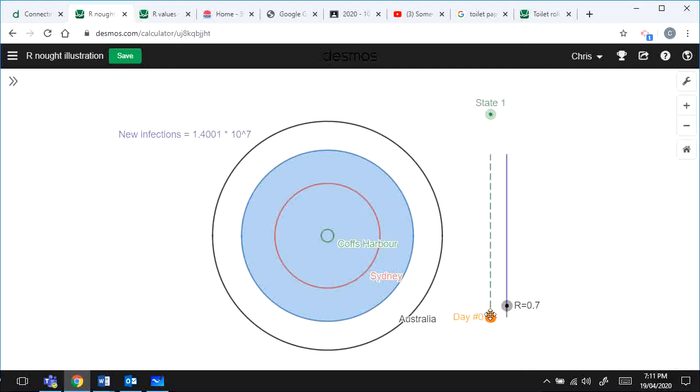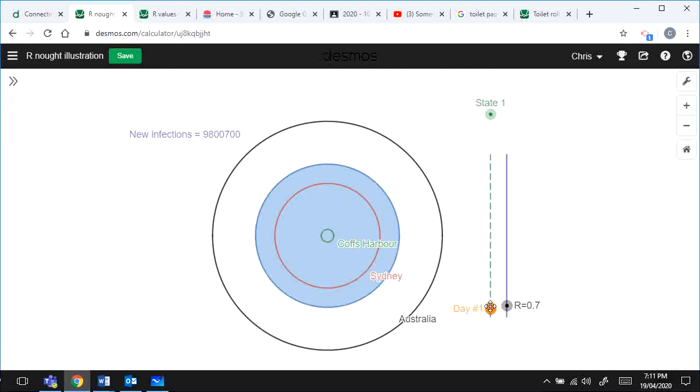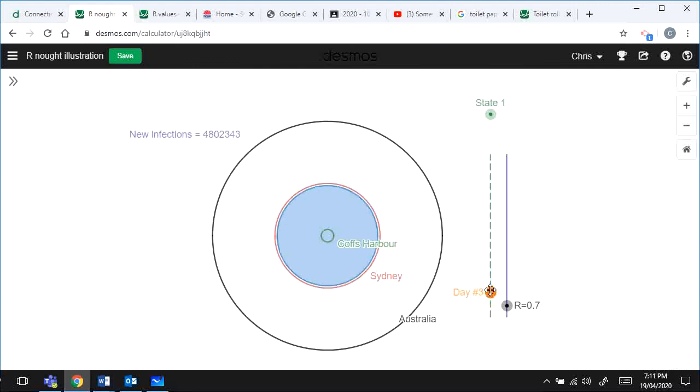Let's see what happens as the days go by. The number of new infections shrinks. And eventually, if we go far enough, the number of new infections will go to 0. It's easier to see on the other graph.